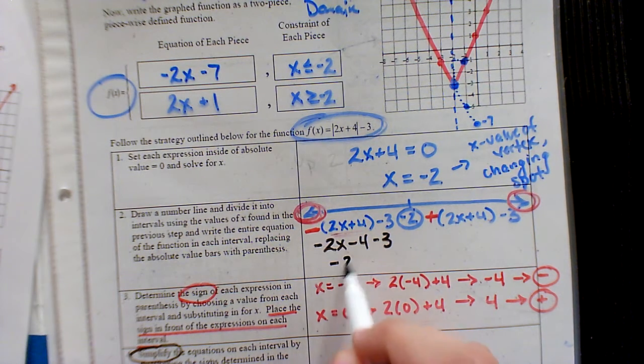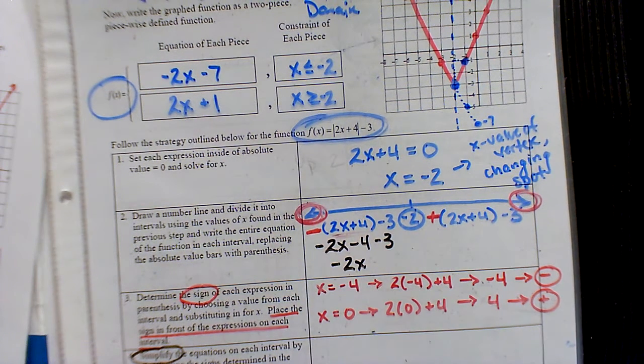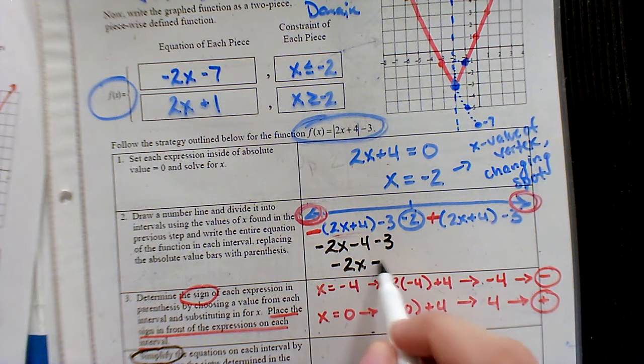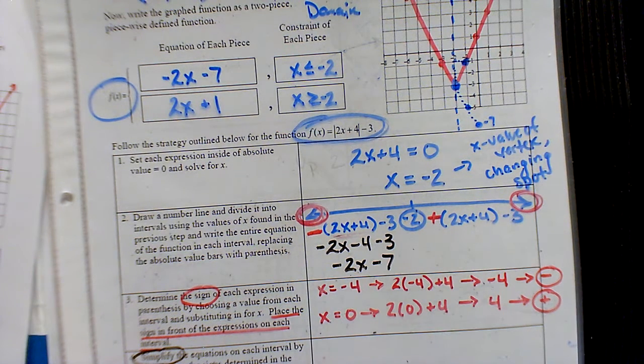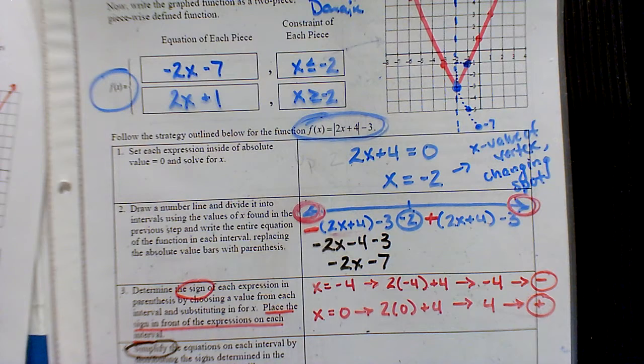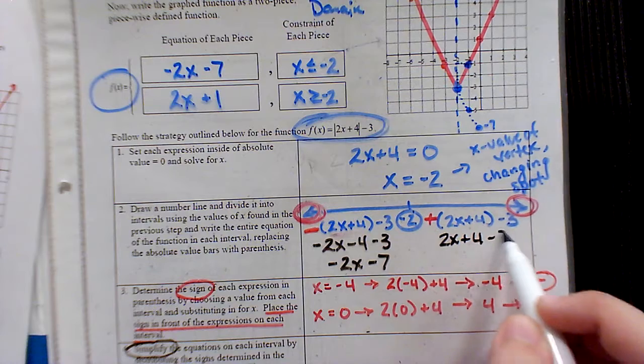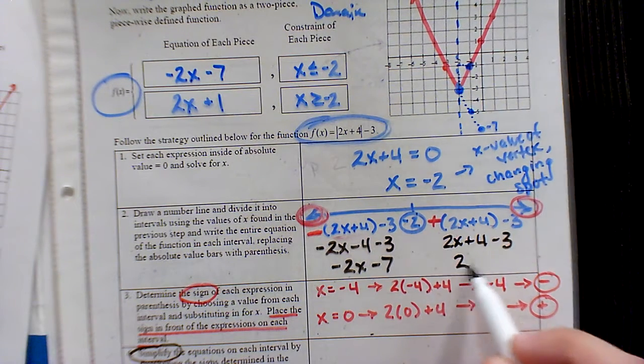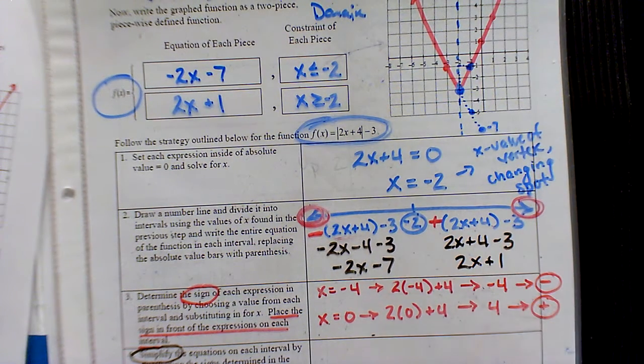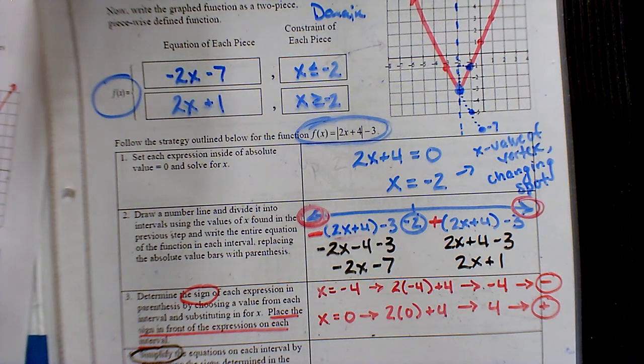Combining like terms, we'll have -2x minus 7. On the next interval, distributing a positive doesn't change anything, and combining like terms, we'll have a positive 1. Those look familiar? Didn't we have those before?